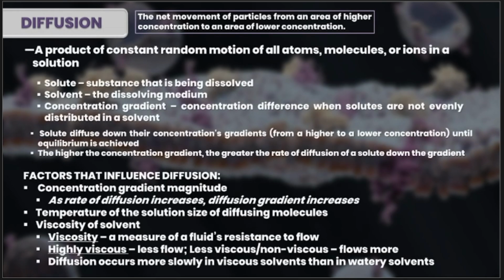The first one is the different processes. We have passive processes and active processes. We first discuss passive processes. Passive processes are the movement of substances down their concentration gradient without the expenditure or utilization of cellular energy, or ATP.